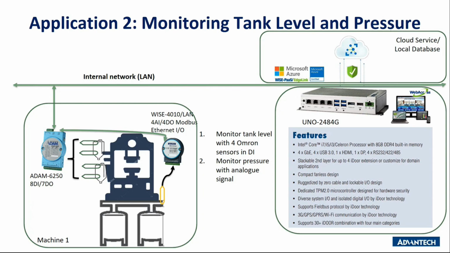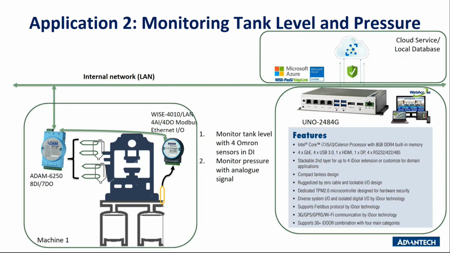Our ADAM module has 8 digital inputs, which I think is more suitable for them. Some of the machines could have not only 2 tanks but also 3 tanks and 4 tanks. So that means we can standardize with this module, regardless of whether it's 2 tanks or 4 tanks.